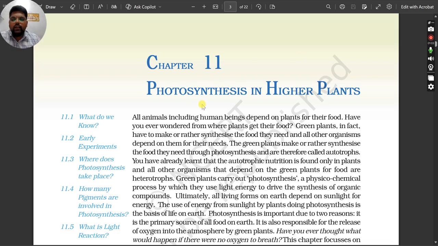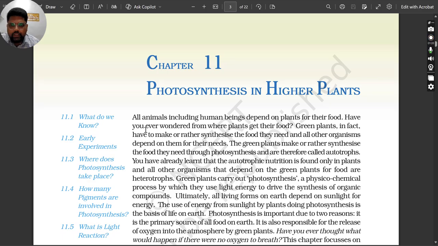So I will just go line by line. It's good to go line by line and explain the important things written in the NCERT textbook. So first I will start reading.